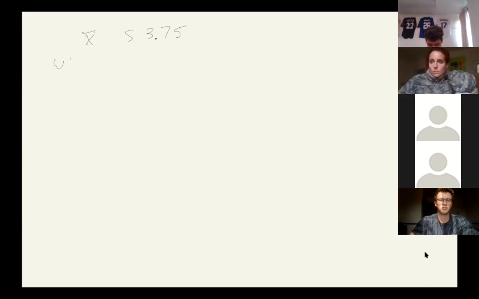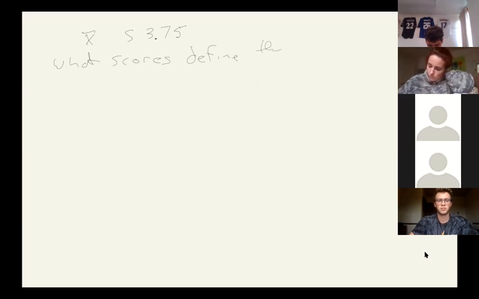So what scores define, I suppose is a good word here, the middlemost 95% of scores, given that mean and standard deviation?